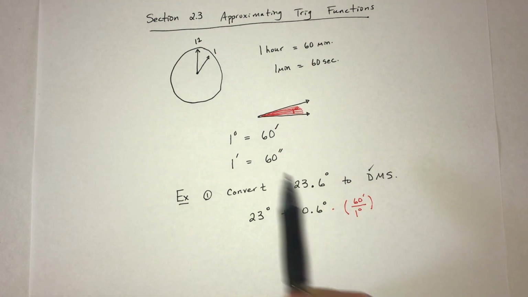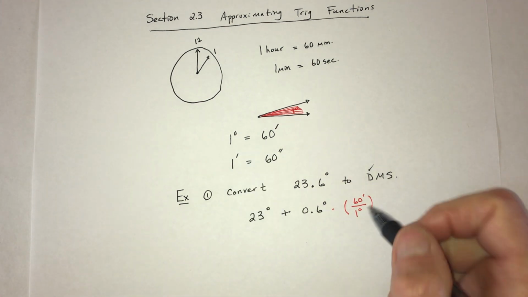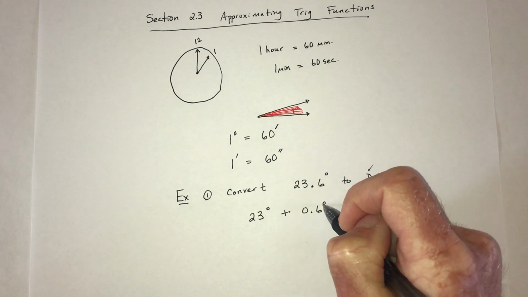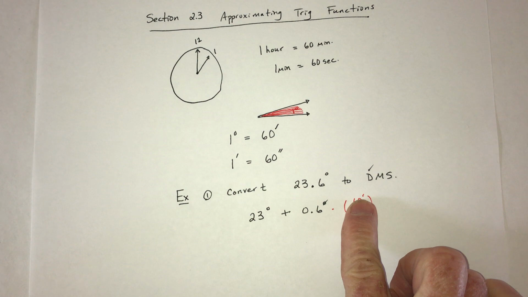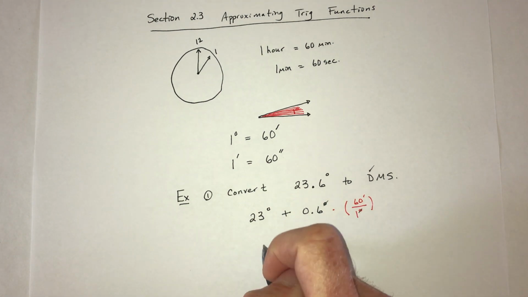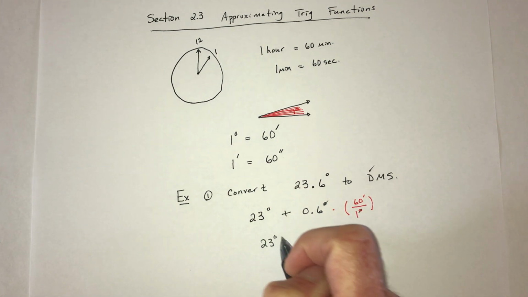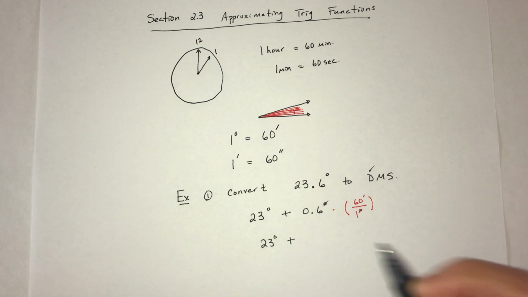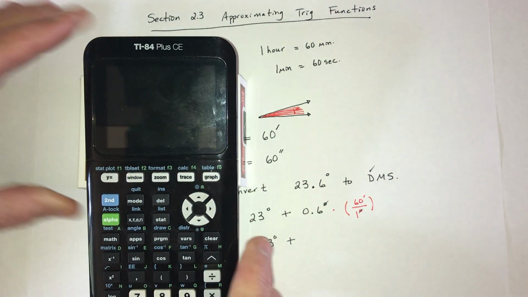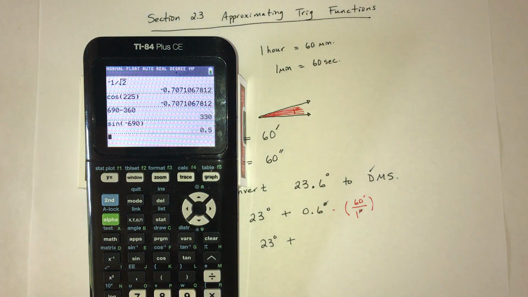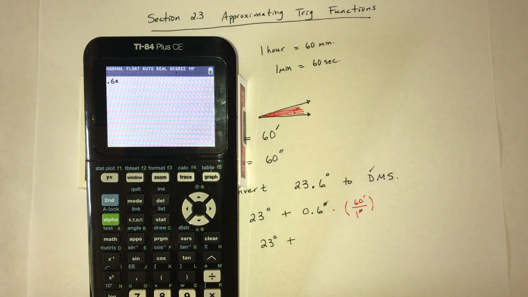So if you multiply by that conversion factor that's right here, then degrees and degrees will cancel out. And so then it's going to be in minutes. So this would be 23 degrees plus 36, I believe. How much is 0.6 times 60? It's 36.